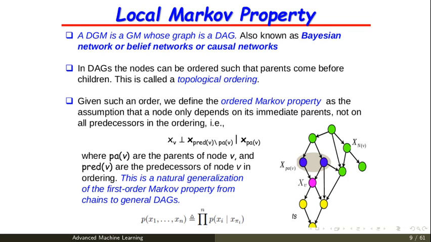So any distribution that factorizes over this graph, because of this independence relation that we introduced, is a fundamental property of directed graphs. The joint distribution factorizes over the nodes, and these factor functions are the conditional probabilities of xi given its parents.